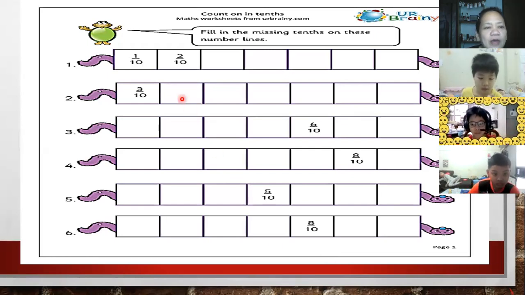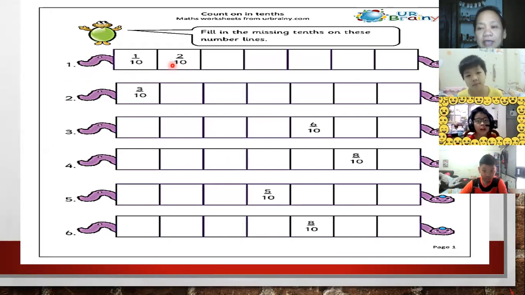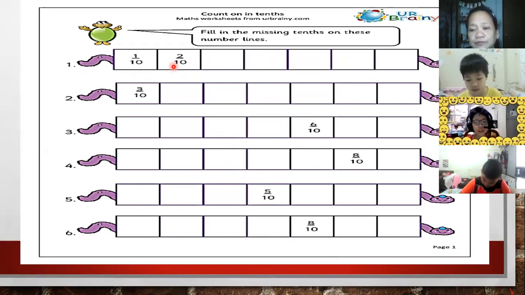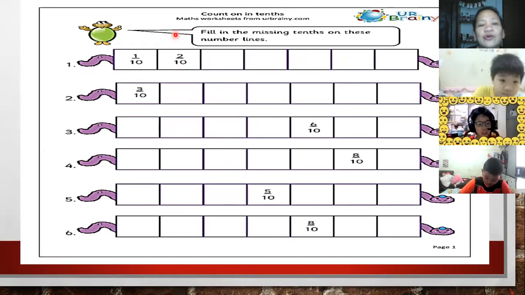So you are going to answer. You write number 1. 1 over 10, 2 tenths. Okay. So what is the next number after this? No, in your notebook. Do number 1 to 6. You don't need to draw this, okay?